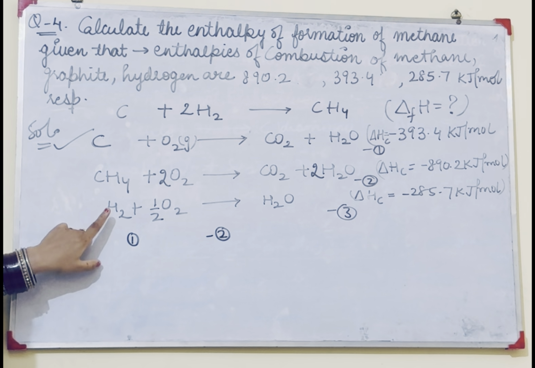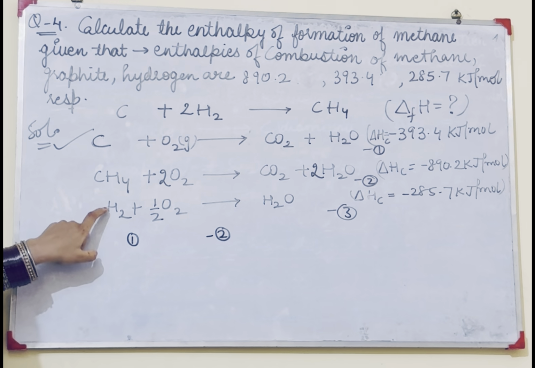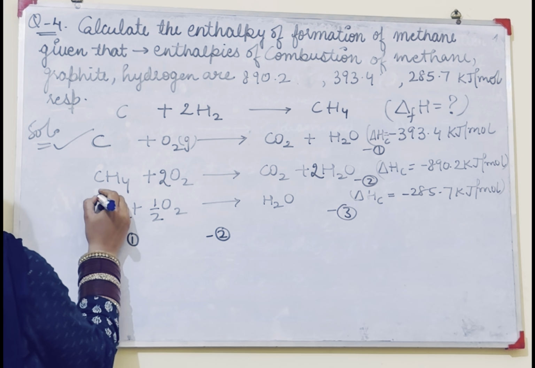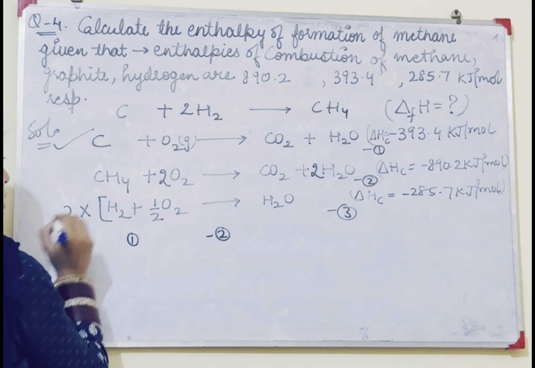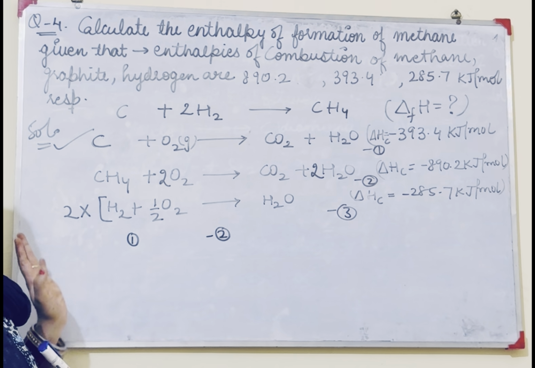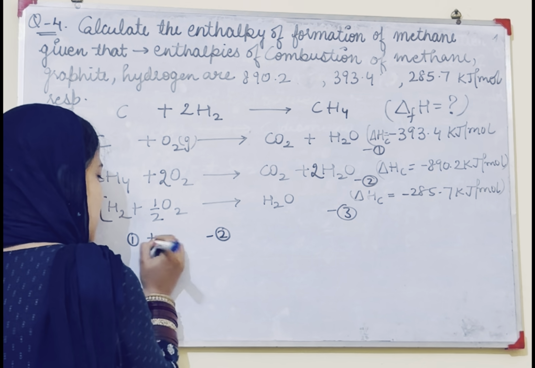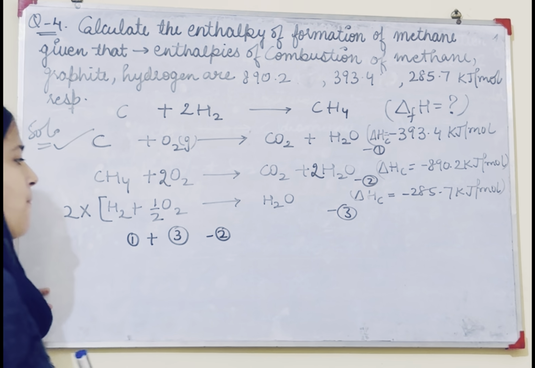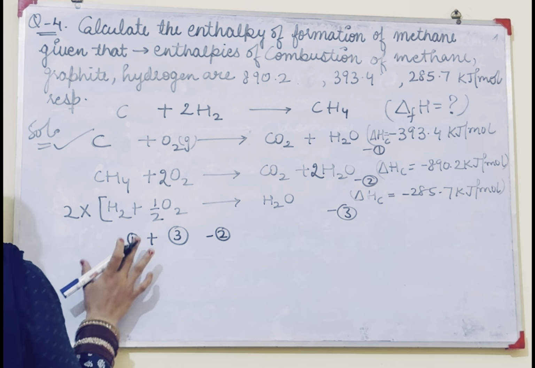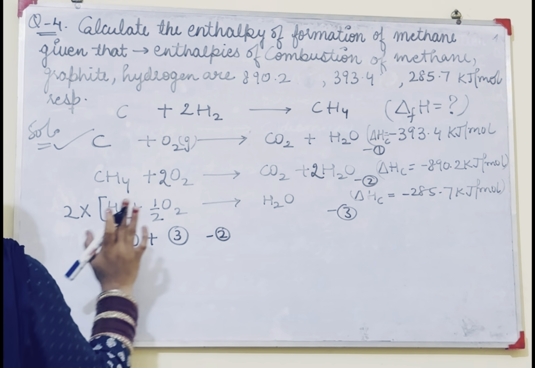Now next, we need H2, but we need H2 twice. So multiply this reaction with 2 and we need this as such. So plus equation 3. Got it? Now write it in such a way, similar manner for this.